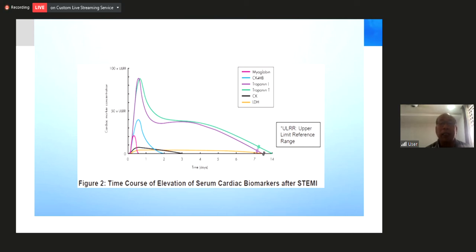The troponin will be present up to 14 days. In the case of troponin I, T is sometimes about 8 days. So this is very important. For example, if the patient comes too early, like 15 or 20 minutes, then there won't be any cardiac biomarker elevation. Okay, next slide.